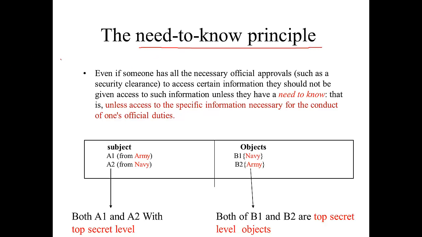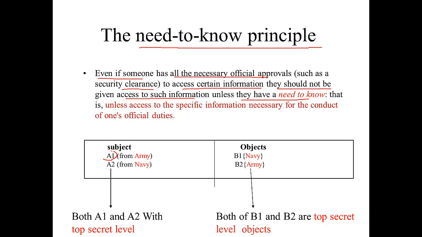What does the need to know principle mean? It means that even if someone has all the necessary official approvals, such as a security clearance to access certain information, they should not be given access to such information unless they have a need to know.